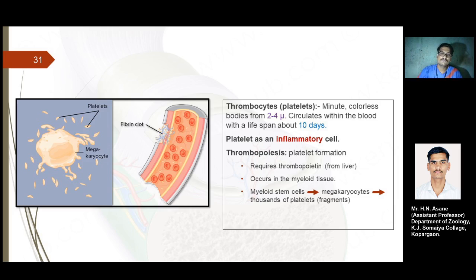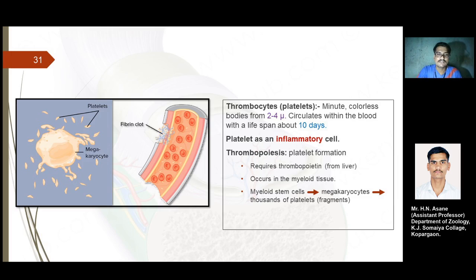So this blood clot requires thrombopoiesis, meaning the genesis of platelets. How the clotting factor or the fibrin clot works is a different thing. We will touch on this, but let's focus on thrombopoiesis, the generation or reproduction of platelets.